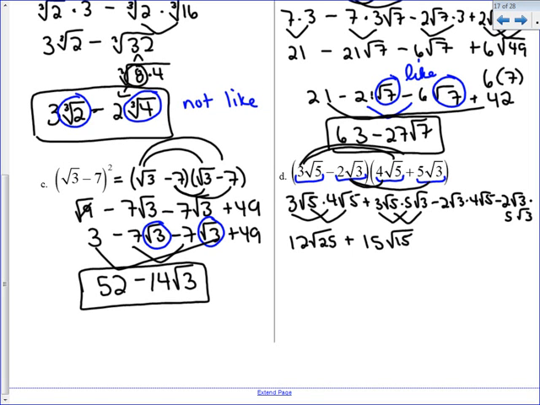The only time we're really picky is adding and subtracting. So the next term, negative 2 times 4 is negative 8. Square root of 3 times square root of 5, square root of 15. And then the last term, negative 2 times 5 is negative 10. Square root of 3 times the square root of 3 is the square root of 9. Multiply those radicands, even if they're the same.